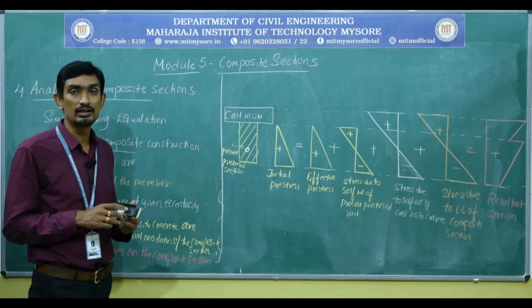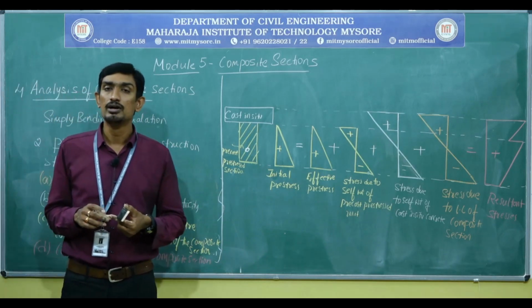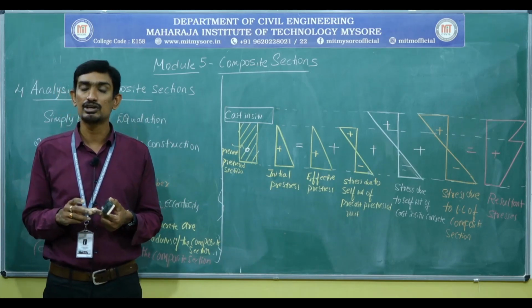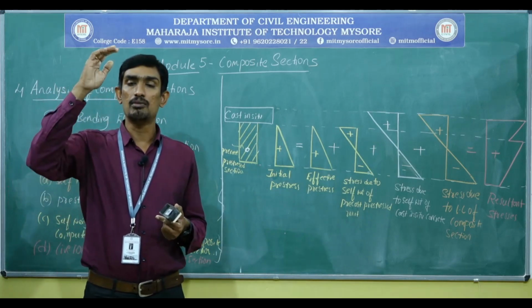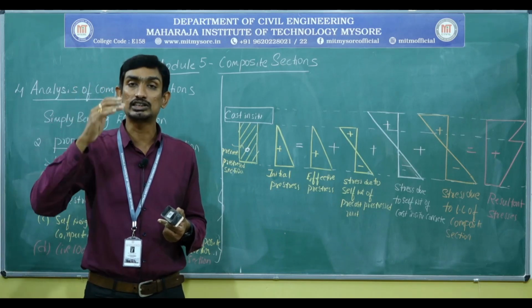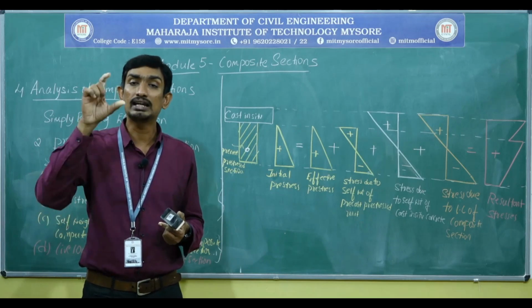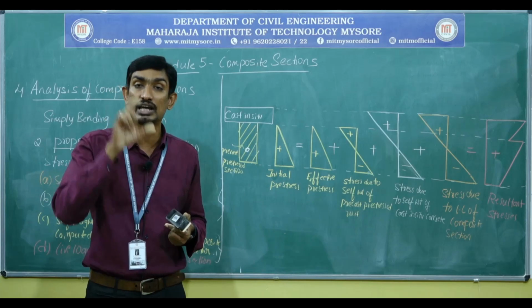By considering the modular ratio of the precast unit and the cast in situ concrete slab. That means the ratio of the modulus of elasticity of precast to the modulus of elasticity of cast in situ. You need to consider this ratio while calculating the live load stresses on the composite section.